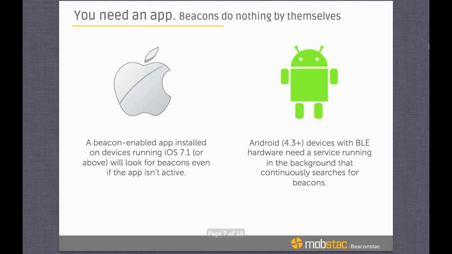You absolutely need an app to do anything with beacons, which means that the consumer's smartphone or tablet must have the app installed, which can detect the presence of that beacon to do something. It is not possible to do anything with the consumer's smartphone without an app actually being present on it. The beacon is, as I described already, merely a radio transmitter. It can't trigger any kind of specific behavior in the app.